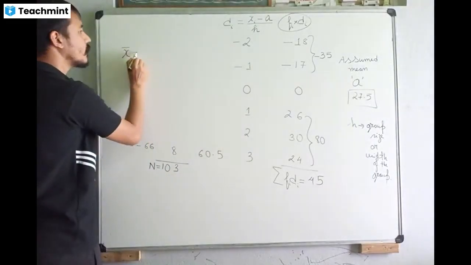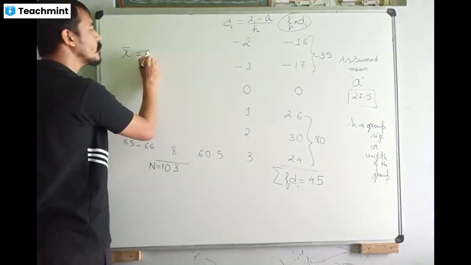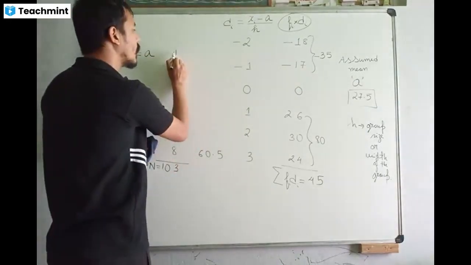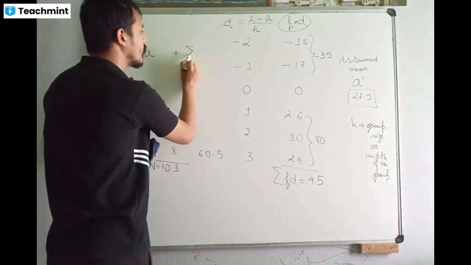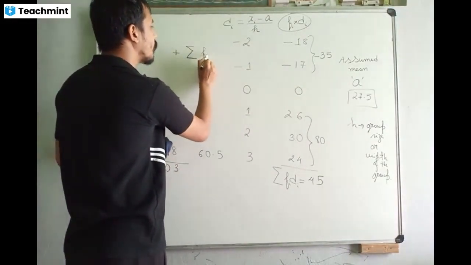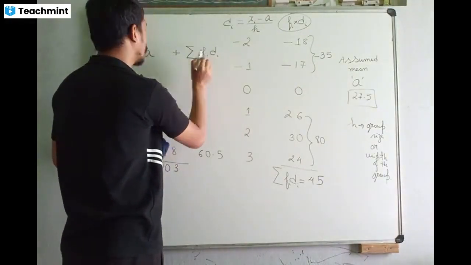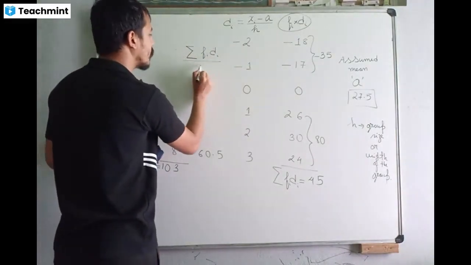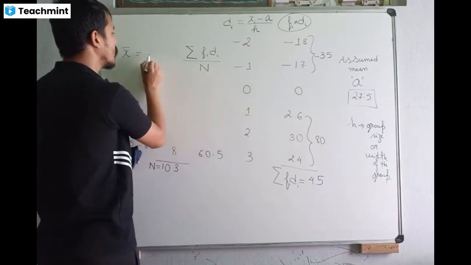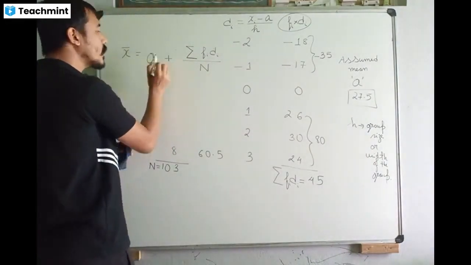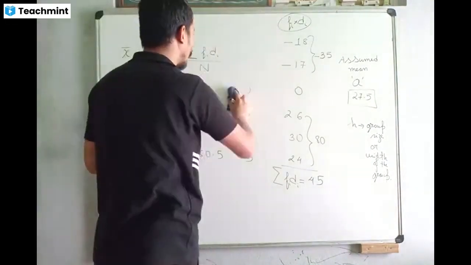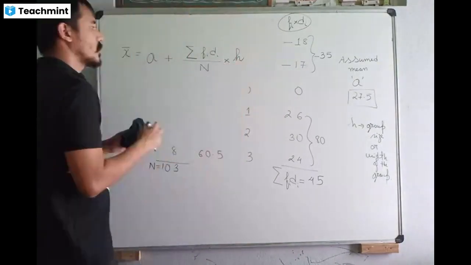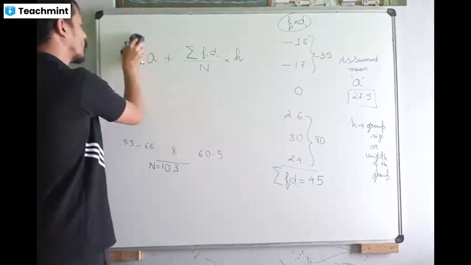The arithmetic mean is given by the assumed mean A plus the total value of fi di upon the total frequency, added with the assumed mean, and then multiplied with the group size.